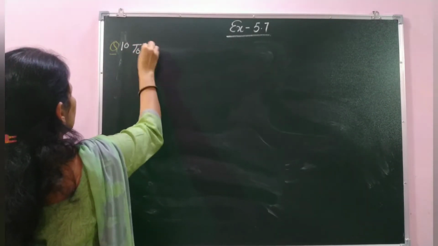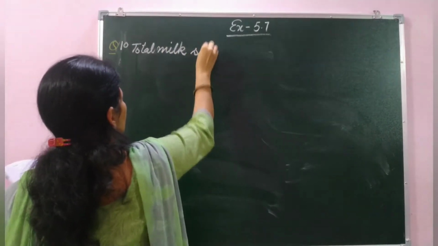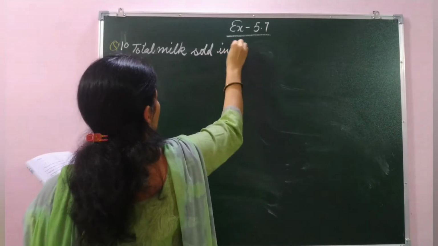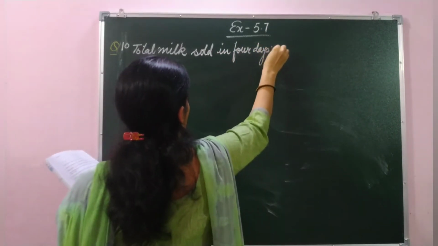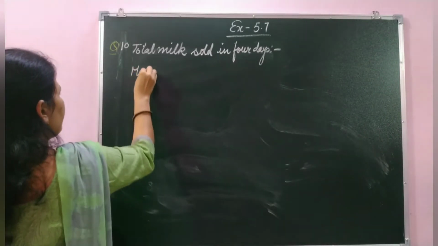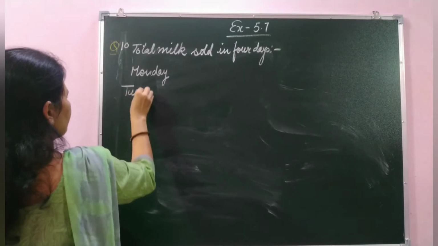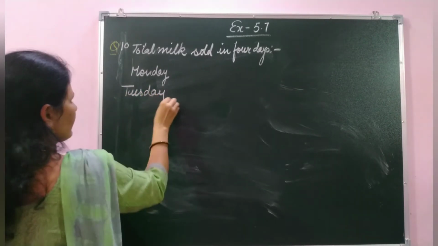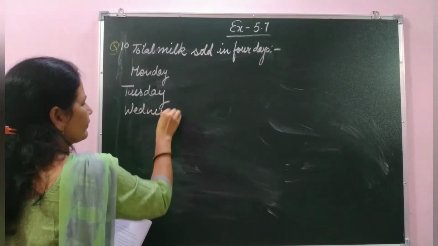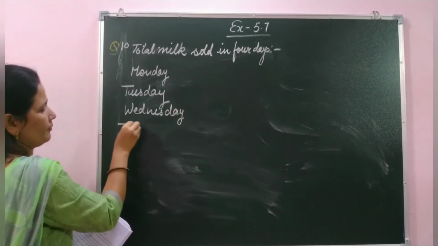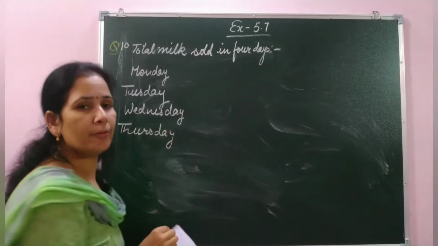Total milk sold in 4 days. So first Monday, then Tuesday, then Wednesday and Thursday. These are the 4 days that the person sold milk.